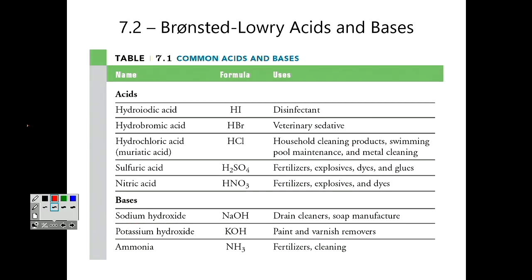So acids and bases, as we've discussed, are everywhere. There's many applications, and this is a very short list. So this is just some common acids and bases. Many of these you probably haven't really had any exposure to, but hydrochloric acid is one very important one. This is in all sorts of places, but in terms of physiology, where is HCl important? Stomach acid, literally.